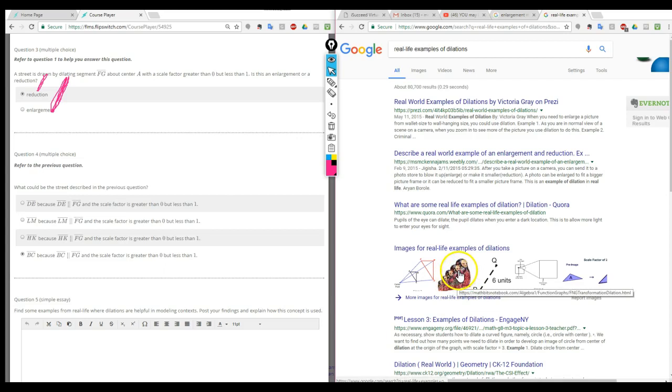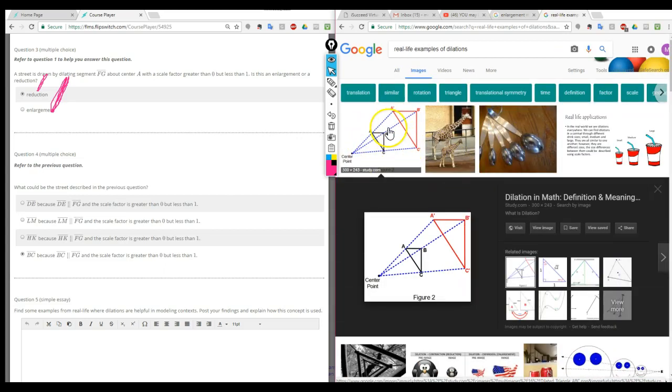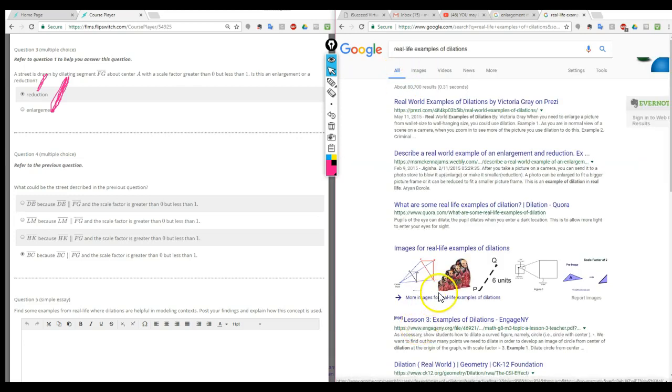And I don't want a picture that's like this. That's just a diagram. That's not something in real life. This looks like a great real life example. And I will leave it up to you, or these look like great real life examples.